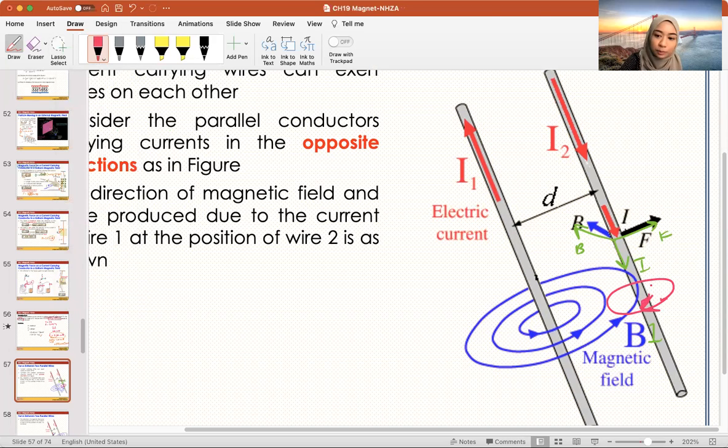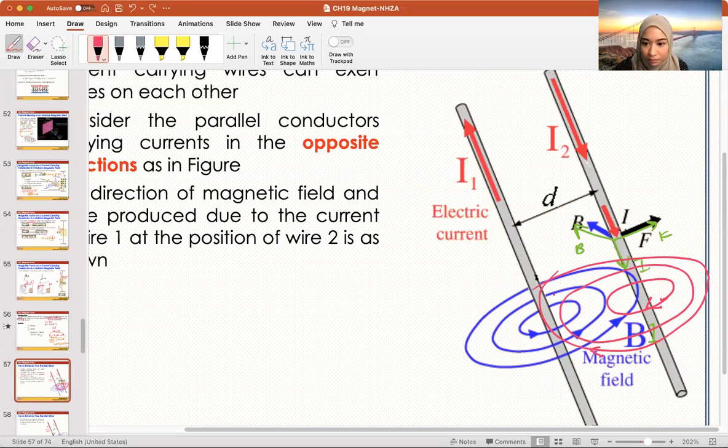I can't even get the arrow right. Okay, so that is my clockwise. I extend it until it reaches the other conductor, on the other side. Again, I am going clockwise. When I intersect with the other conductor, which is conductor number 1, I am going into the page, I think.